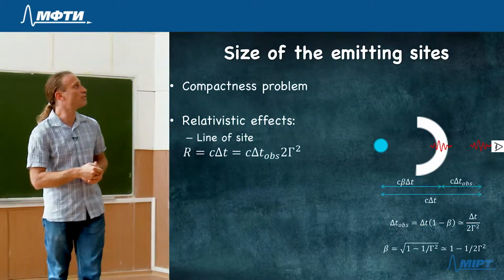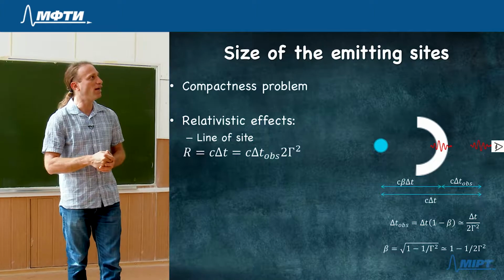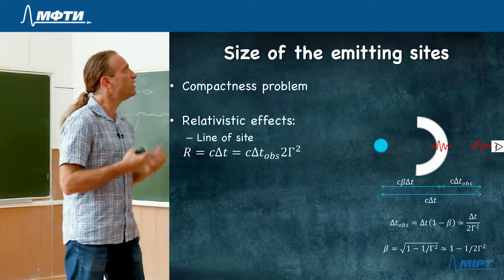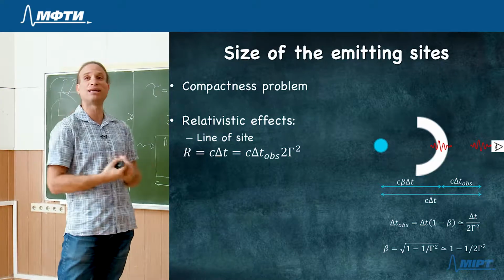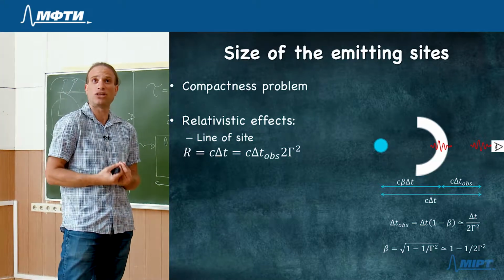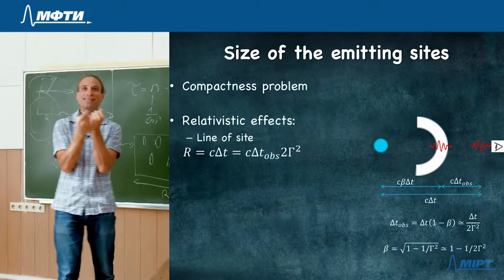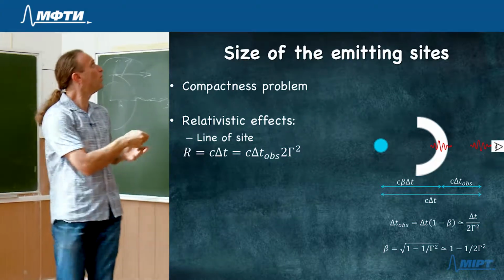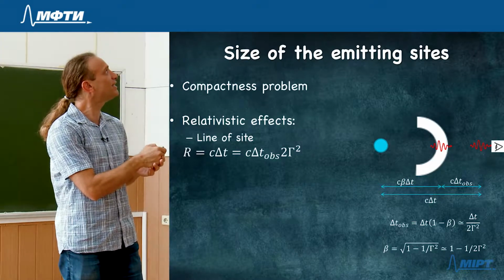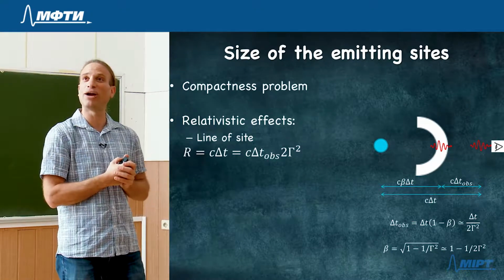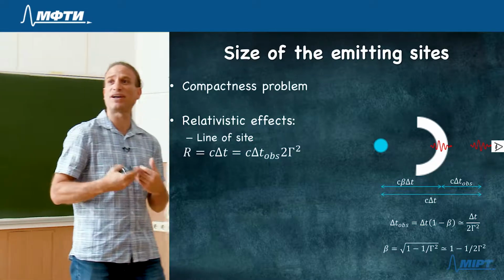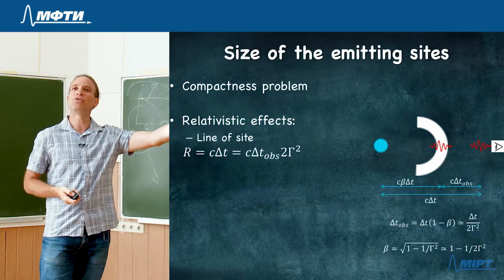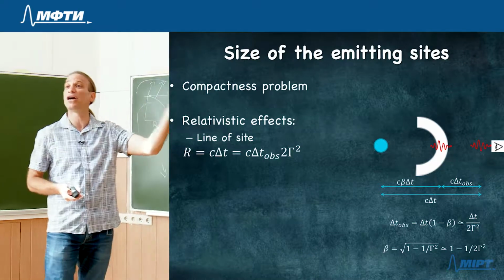The radius I would obtain naively is just c delta t observed, which is a very small radius. But since time was compressed, the radius within the emitting system will be c delta t observed times gamma square. So if the Lorentz factor is about 100, the radius will be multiplied by 10 to the 4. So this is a much larger radius.